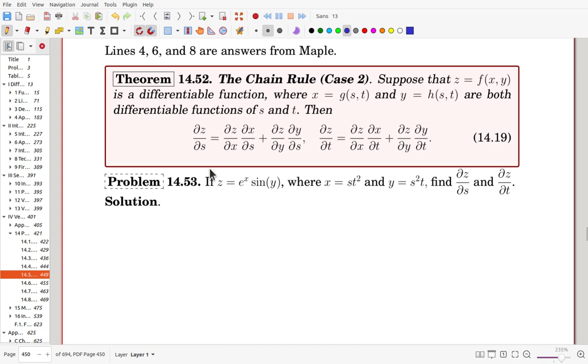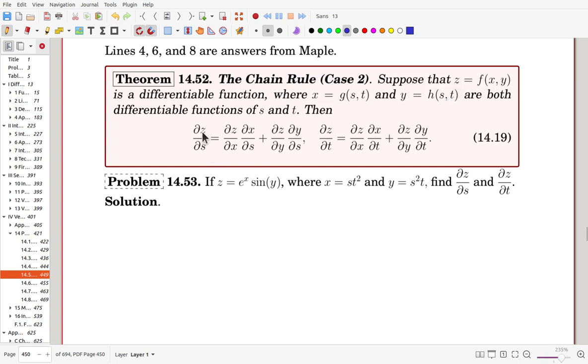Then now we can get the derivative of z with respect to s and with respect to t. In this case, z can be considered as a function of s and t. First, it's a function of x and y. Now, x and y are both functions of s and t, so z can be considered as a function of s and t, so multiple variables.